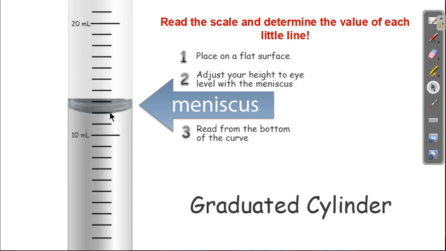It's not just 10.2, because the scale can read up to there, but I need to guess the next digit. Well, if I thought this was on top of the line, I would say 10.20. I would include that 0. If I thought it was a tiny bit below, I could say, well, maybe it's 10.19. See? Always give me one more digit than the scale can read for whatever tool you're using.